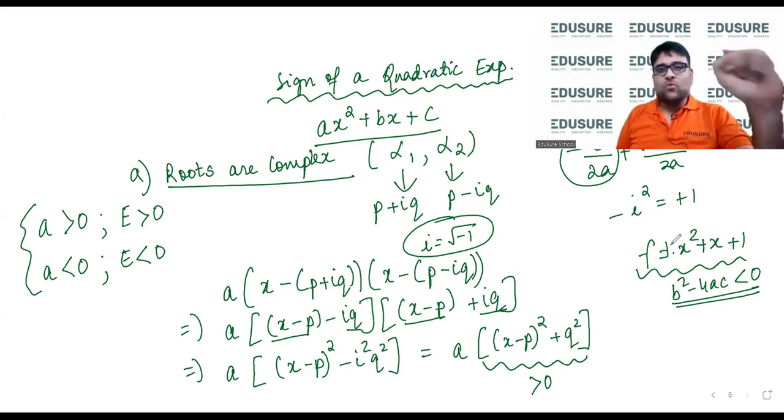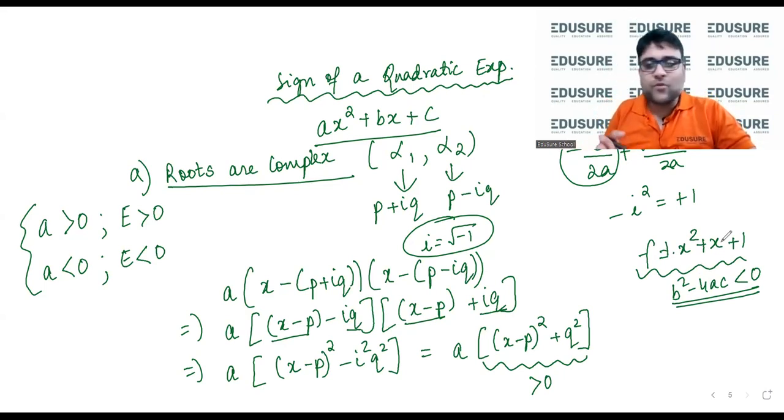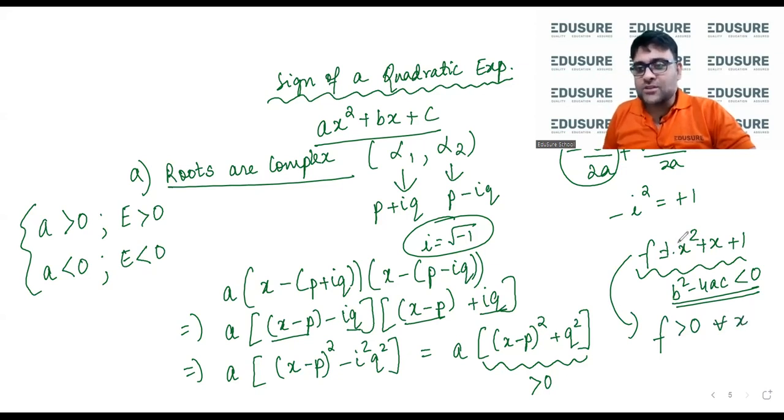So if a is equal to 1, which is positive, this expression will always be positive. Isn't that a very powerful result? If I know that b square minus 4ac is negative, this expression f will always be positive for all x, because the coefficient of x square, which is a, is positive.